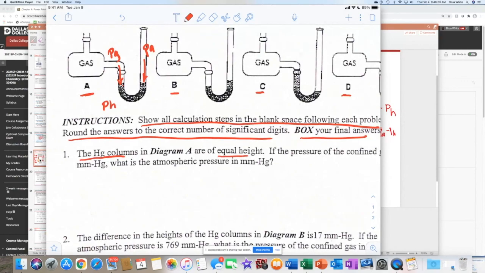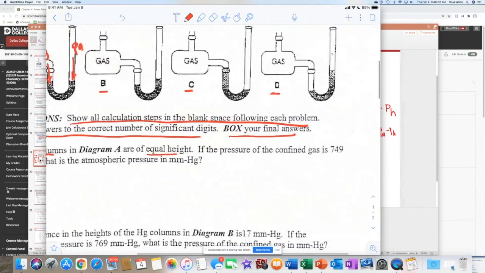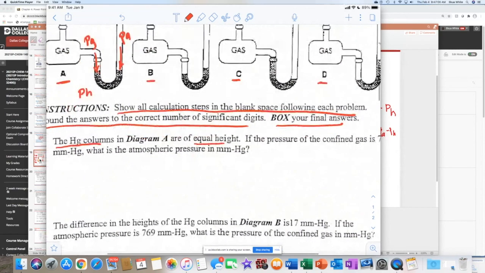That's what they say, right? If the pressure of the confined gas is 749 millimeters of mercury, what is the atmospheric pressure in millimeters of mercury? So in this picture here, Pg, pressure of gas, equals Pa plus pH.